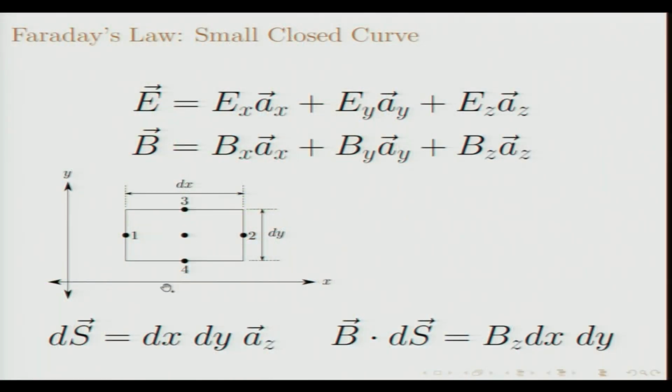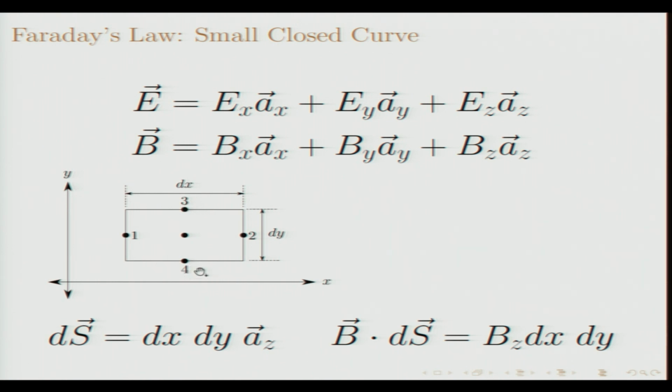For simplicity, we will just look at a closed curve in the xy plane. If you take this closed curve, there is a midpoint at which the electrical fields E and B are expressed as vectors, which are given at the top of the slide, and there are 4 points, 1, 2, 3 and 4, which are shown there.